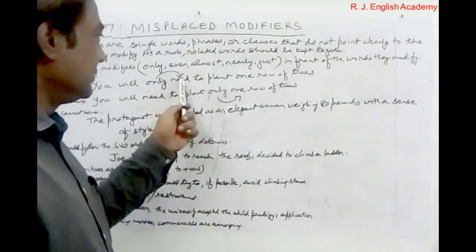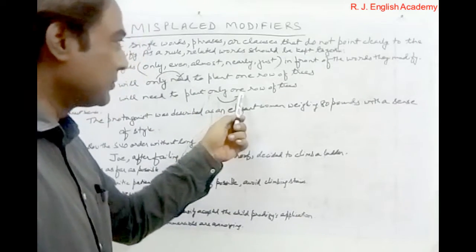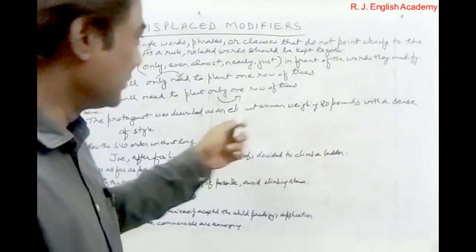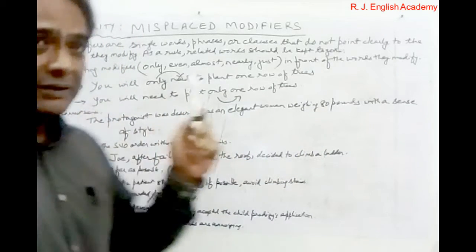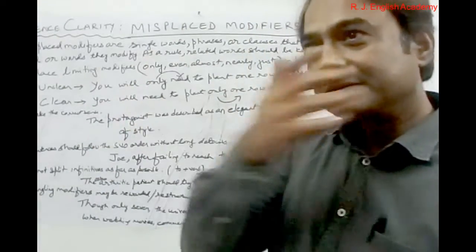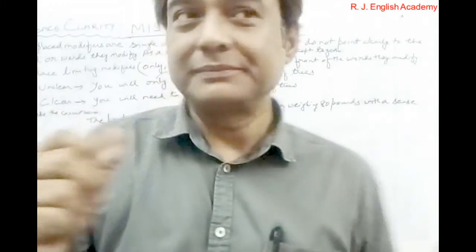There is no need to modify need. What is supposed to be modified is one in this sentence. So this is a misplaced modifier. It's not wrong, but it's unclear. We are aiming at sentence clarity. The clarity is wrong.